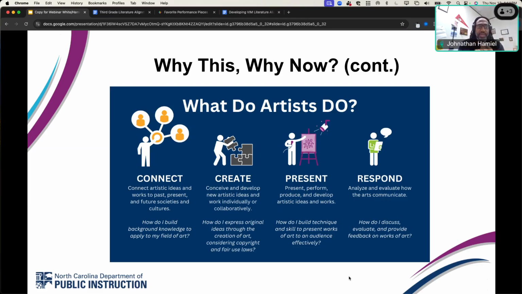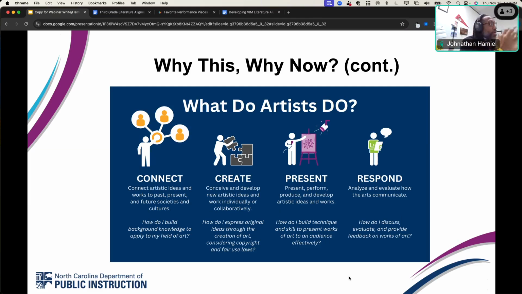One, we connect. We connect with the past, present, and future. We connect with societies. We connect with cultures. We connect with the audience and one another. We connect where the student is connecting with the audience, the student is connecting with the director, so forth and so on. Next, we create. We develop new artistic ideas alone and in small groups.